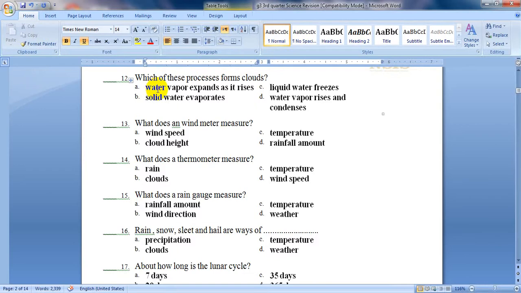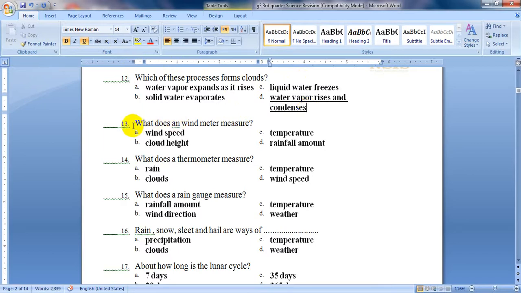Letter A, water vapor expands as it rises. Solid water evaporates. Liquid water freezes. Or water vapor rises and condenses. It's letter D. The water vapor, which is a gas, will rise up and condense.